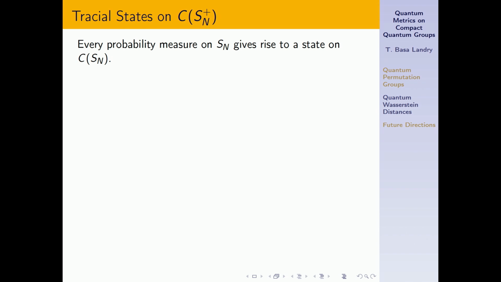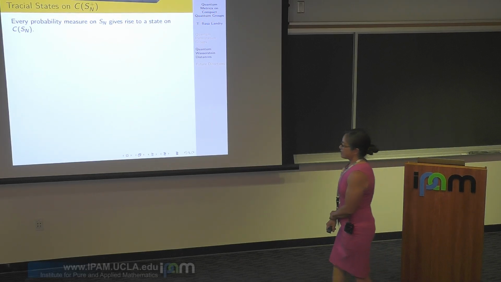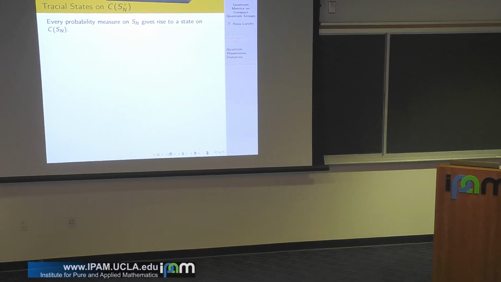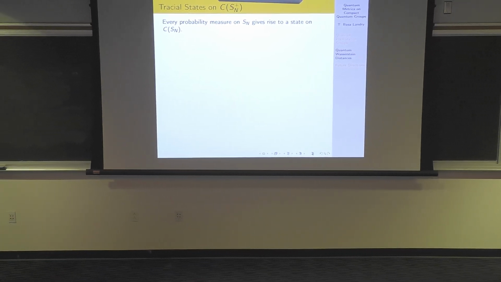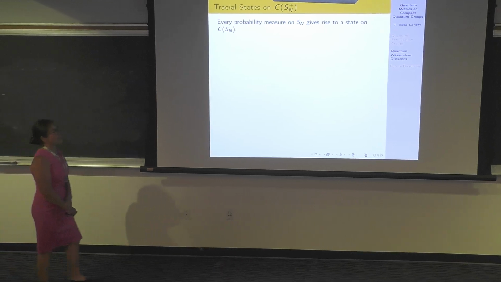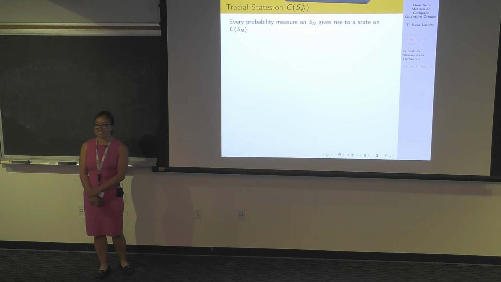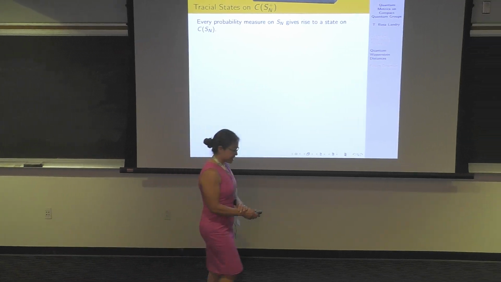So we decided to take our couplings in tracial states. For the people in the room who work in classical Wasserstein distances, in that setting every probability measure on the classical permutations gives rise to a state on the continuous functions on the classical permutations.